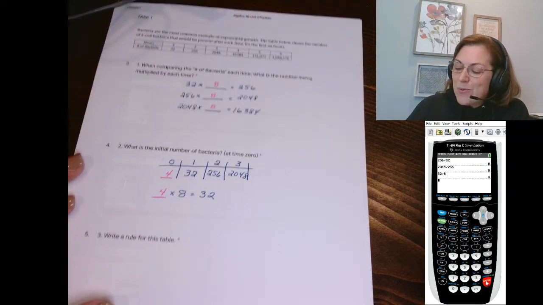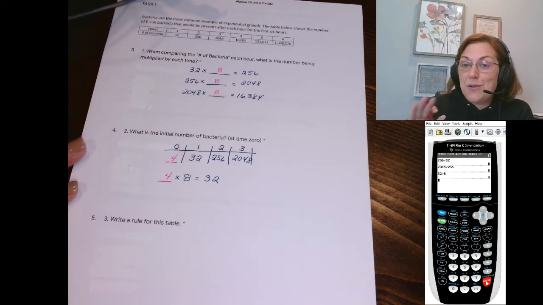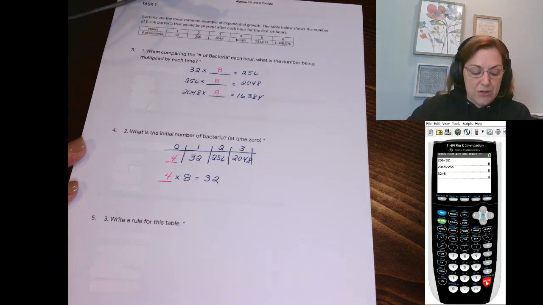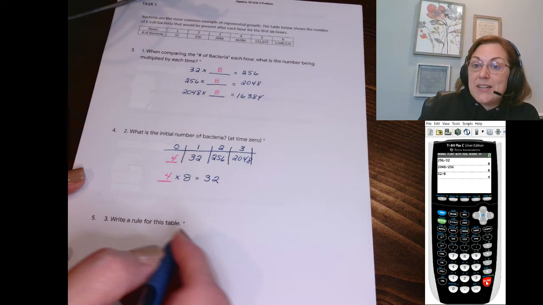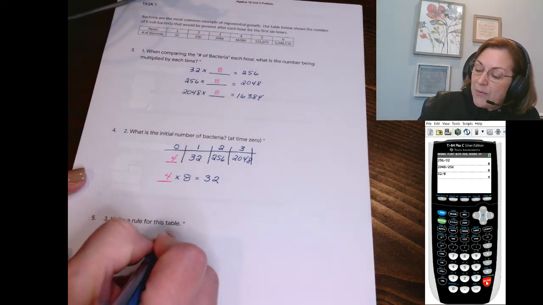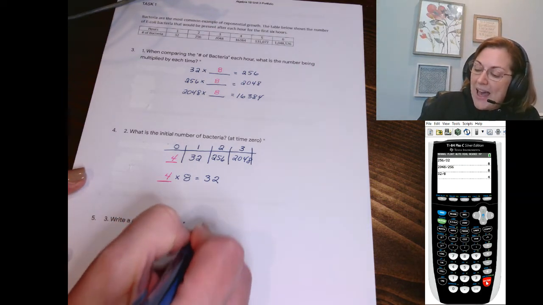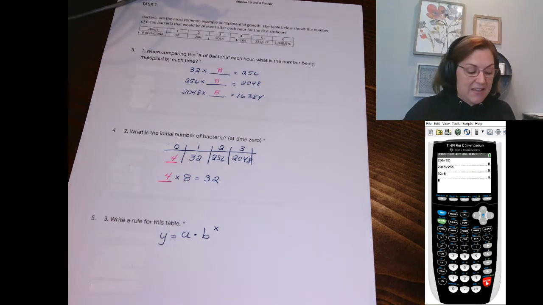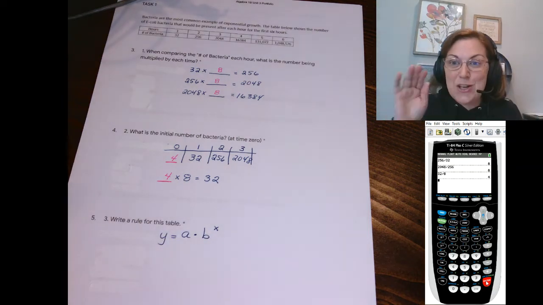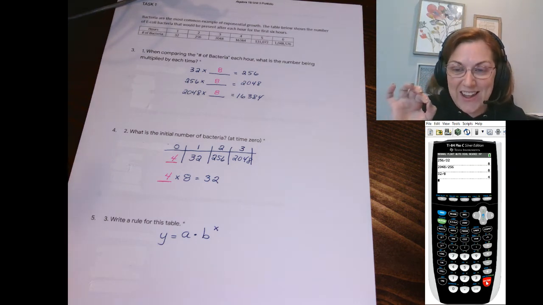Now, question 3 then says, okay, now that you've done that piece, I want you to put it together to write a rule for this table. Well, exponentials are pretty simple in that they follow a pattern. Now, don't get frightened by that because I want you to see you've already done the hard work, okay?